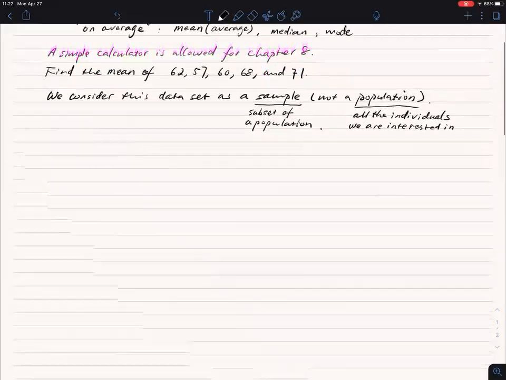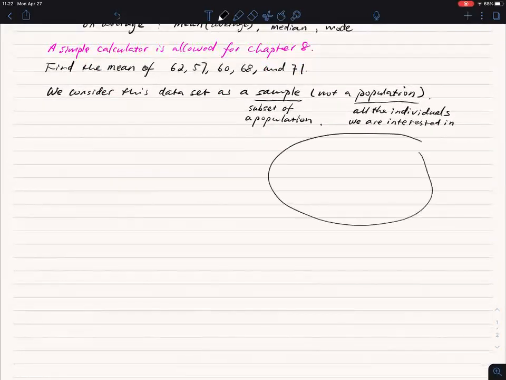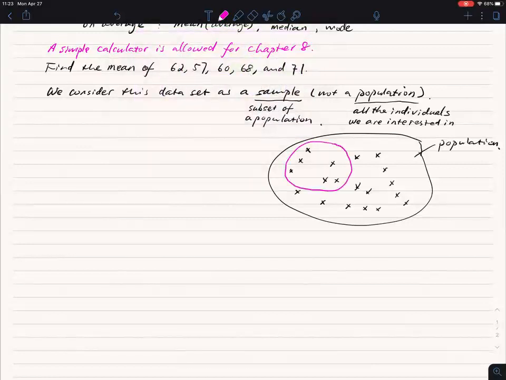Okay, if we draw a graph here, this big circle is the population. Then you have many individuals in it. If you only look at, for example, some individuals inside the population, then this is called a sample.